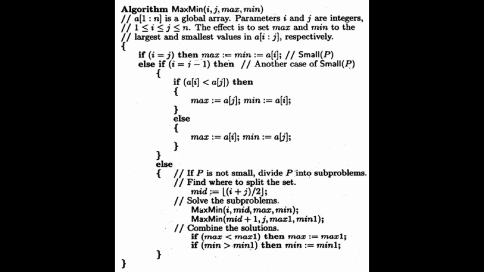Our aim is to set the maximum and minimum values to the parameters max and min. That is, from the n elements, A[1:n], find the maximum value and set it to the parameter max, and find the smallest value from the n elements and set it to the parameter min.